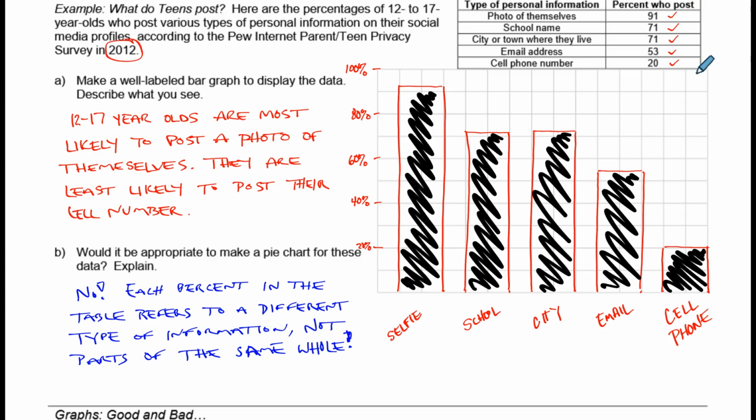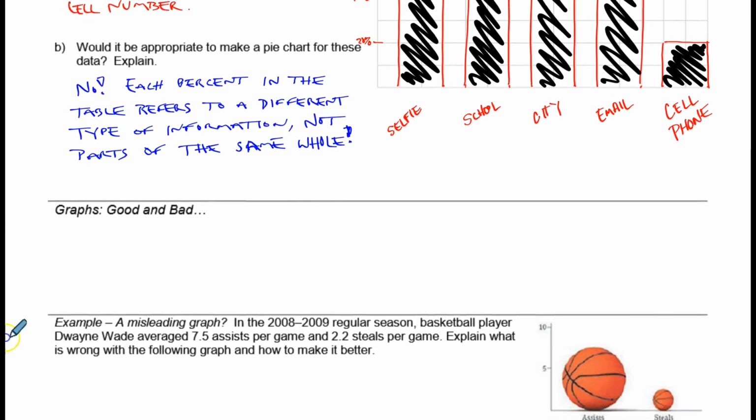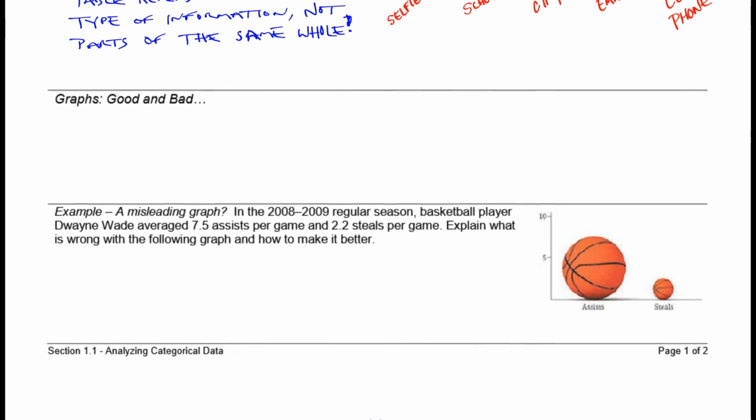Okay, now let's move down, and I'd like to make a few comments about good and bad graphs. There are some things we should keep in mind when we graph a distribution, and here are a couple of those things to note. When we're creating a bar graph, our eyes react to the area of the bars.